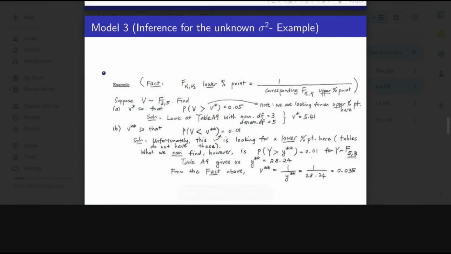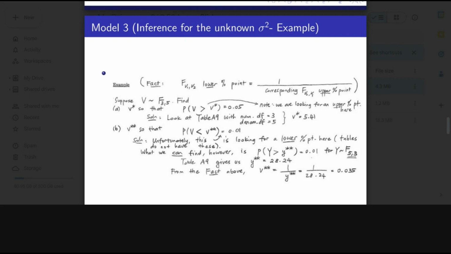First of all, it is a rule that says the F distribution has a unique property. And F(V1, V2) lower percentage point is the reciprocal, upside down, of the corresponding F(V2, V1) upper percentage point. What do I mean by this? If you want a lower 1% point, what you can do is get the 99% upper percentage point and then invert the two.